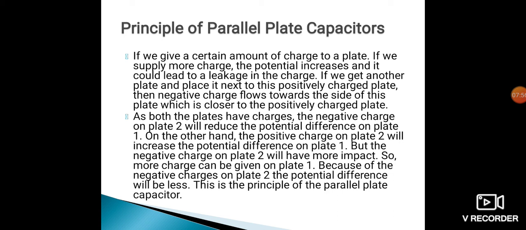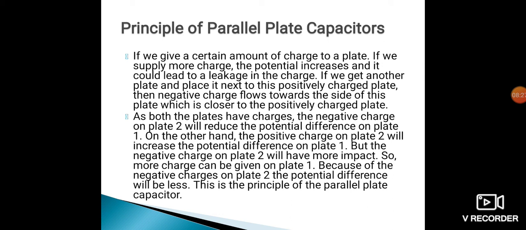On the other hand, the positive charge on plate 2 will increase the potential difference on plate number 1. As we can see, it is a vice versa operation. So when plate number 2 reduces the potential difference on plate number 1, it is obvious that plate number 1 will increase the potential difference on plate number 2.